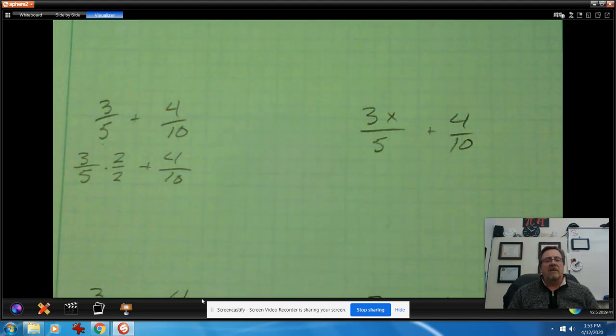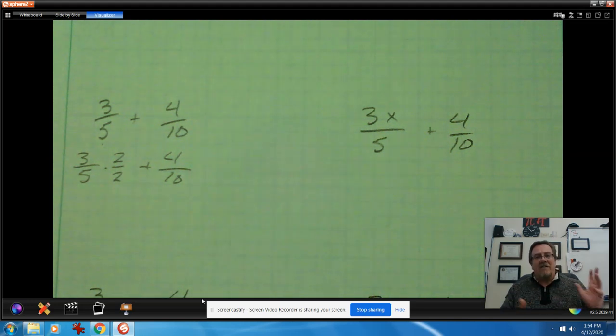Now, some of you might be saying, why? And just like before when we were simplifying fractions, we could divide both the top and the bottom by the same number to simplify. We could multiply both the top and the bottom by the same number, and we'd still have an equivalent fraction. We just changed the numbers.